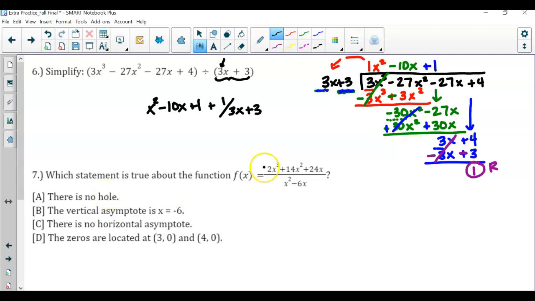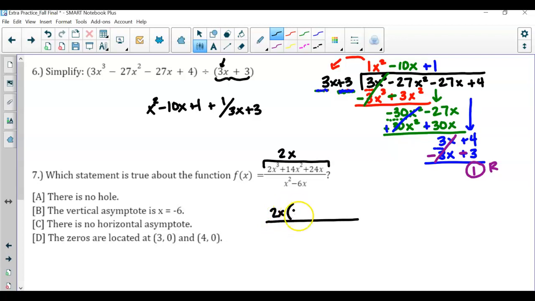Now I notice in my numerator that I have a GCF of not just 2, every term has at least 1x. So I have 2x as my GCF. So in my numerator, I have a GCF of 2x.